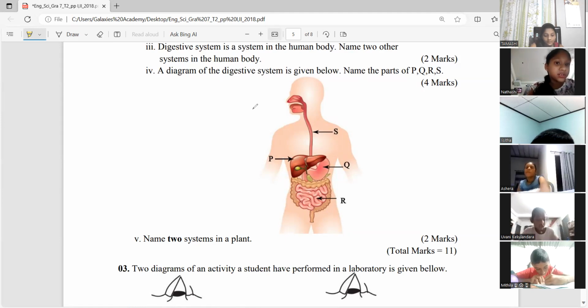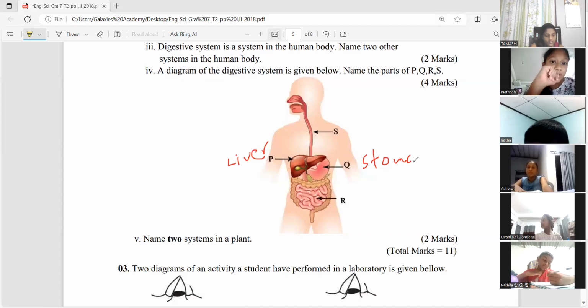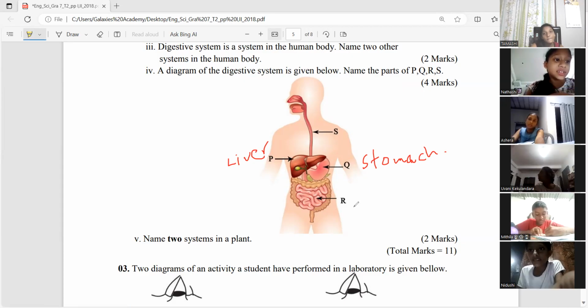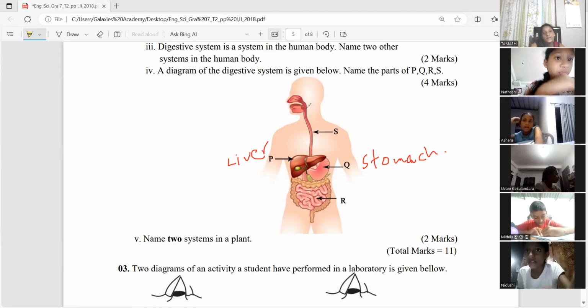Q means stomach. This one liver, this one stomach. Then R, small intestine. And this one S, esophagus. Right, esophagus.